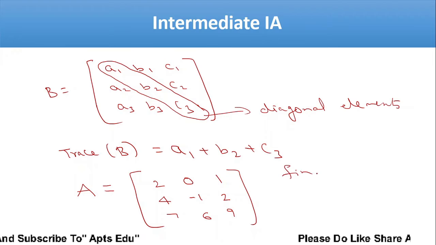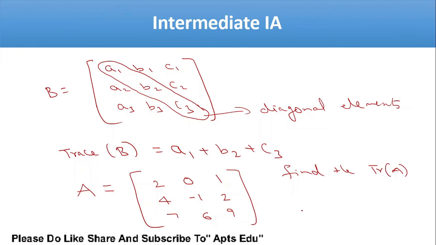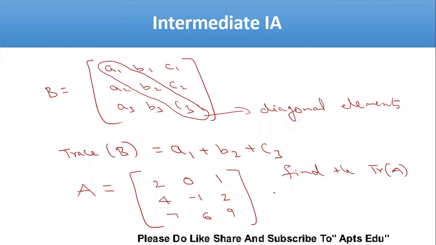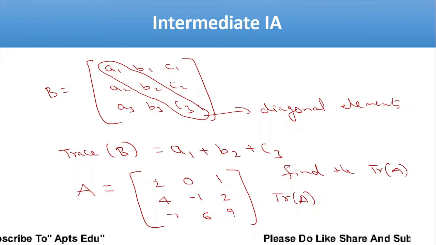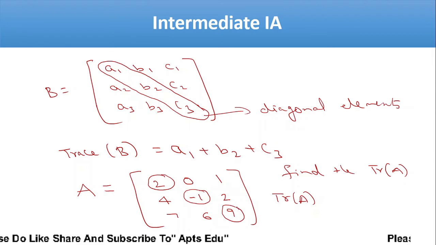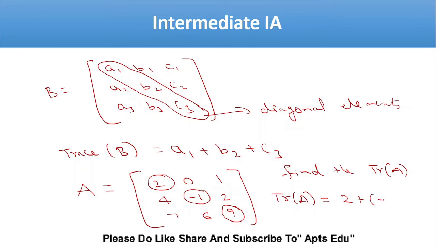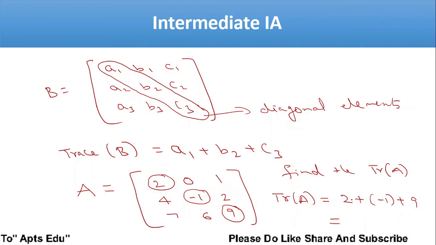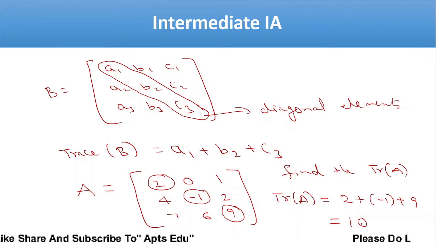If they ask you to find the trace of matrix A, just now I said the trace of a matrix is nothing but the sum of the diagonal elements. This is a diagonal element, this is a diagonal element, and this is a diagonal element. So we'll just add those: 2 plus minus 1 plus 9. 9 plus 2 is 11, 11 minus 1 is 10. The trace of this matrix is 10.